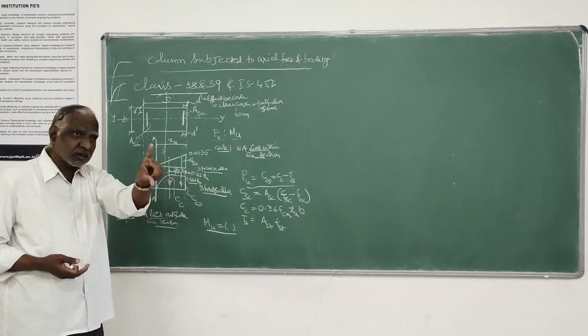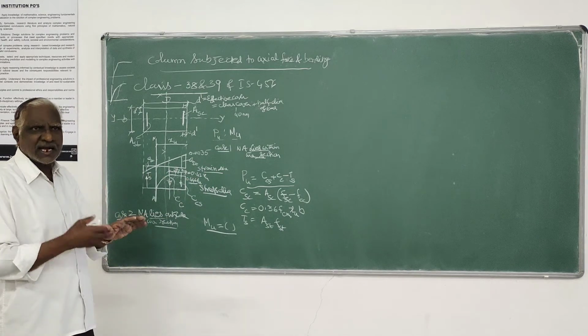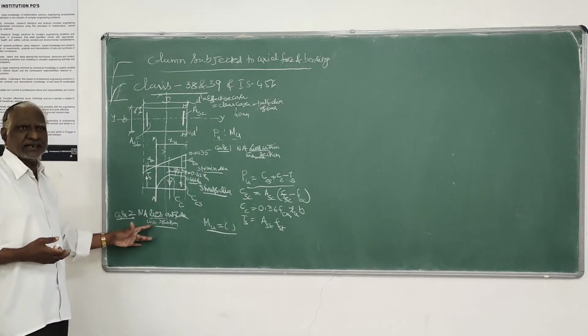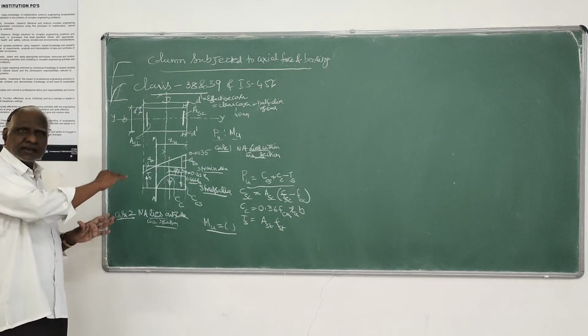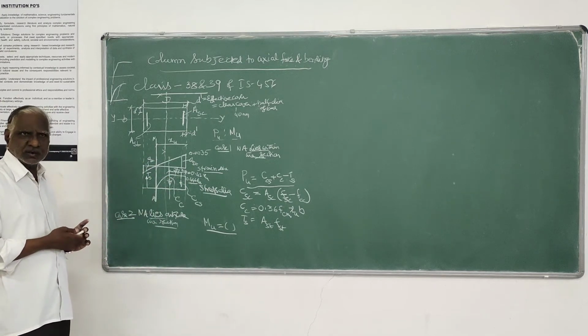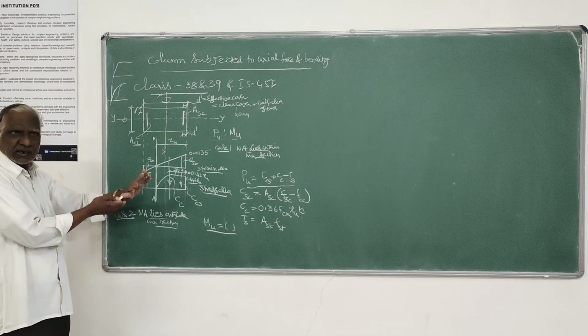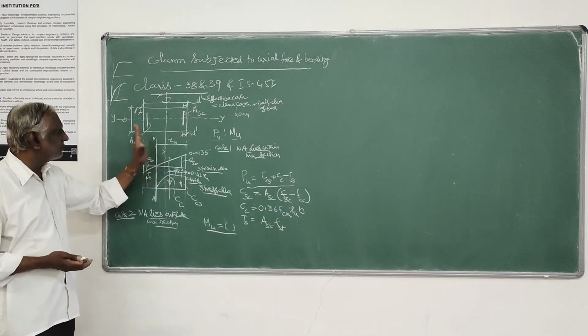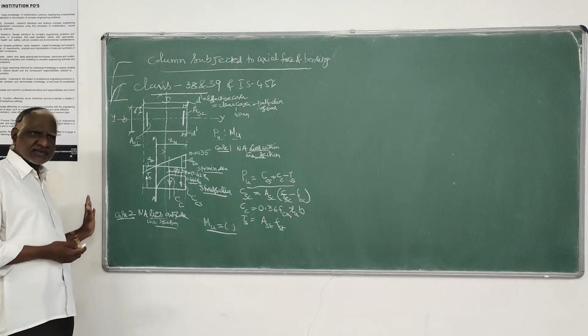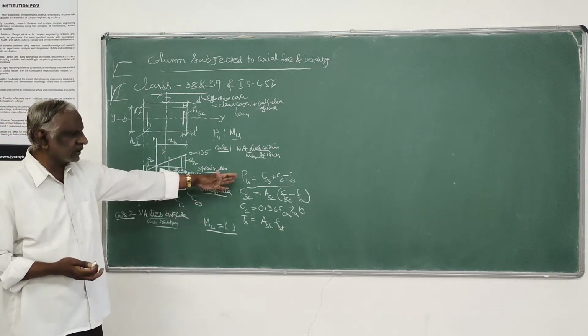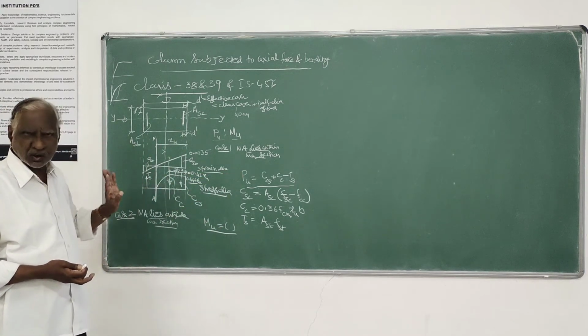But how that particular interaction chart has been developed, at that time I will explain the theory behind the development of the chart. So whenever it is subject to bending, it creates a neutral axis which can be either within the section or away from the section. When it is within the section, how to work out PU, MU I have told.